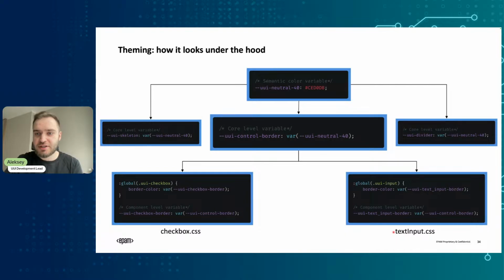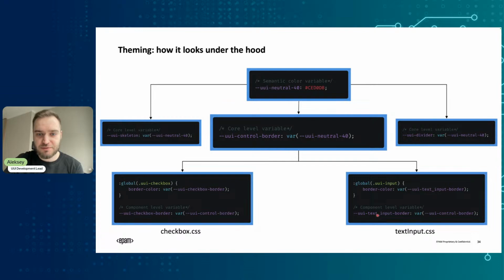Now let's go deeper and see how this CSS variables theming works using the example of styling the border color for text input and checkbox components. Here we can see part of the text input CSS file. Here we have a border color property, which is defined using the UI text input border CSS variable.